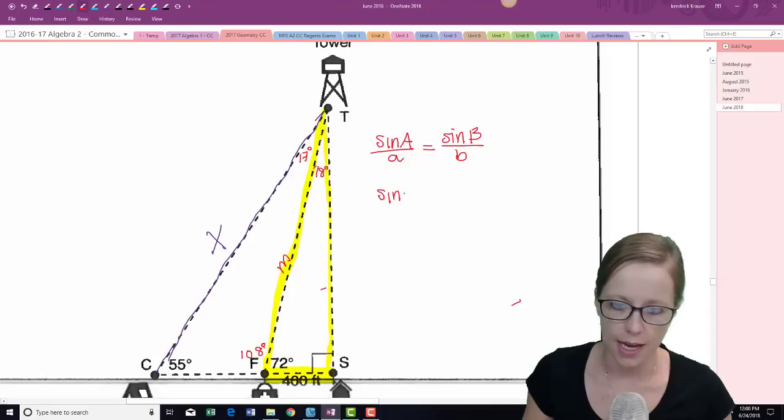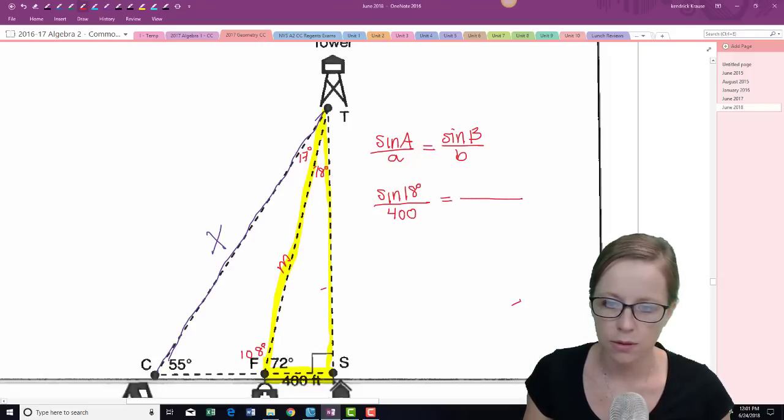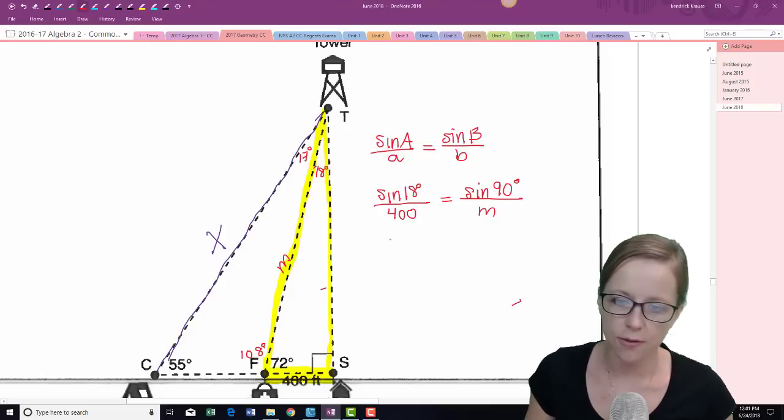So the sine of 18 degrees over 400 is equal to, I want to find M, so I'm going to put him down here. The angle across from M is 90. That's that 90 degree angle. So sine of 90. Cross multiply, it's your favorite thing to do in math.